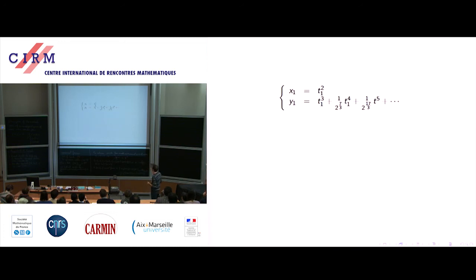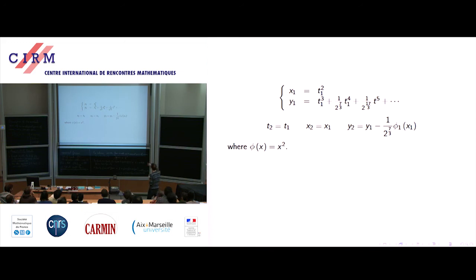We can do better. So consider again this parameterization. And now we make a slightly different change of coordinates. We don't touch the t parameter, nor the x coordinate, but the y coordinate is changed using this translation of y_1 by a function of x_1 times some constant, and this function of x_1 is x squared.